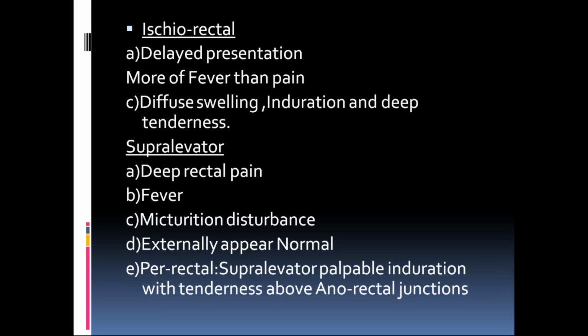But on per rectal examination, if you put a finger in the anal canal and rectum and feel the anorectal junction, 5 centimeters above the anal verge, you can feel some induration and boggy swelling above the anorectal junction. If you press it hard, the patient will have tenderness. That will give you a diagnosis suggestive of supralevator abscess.